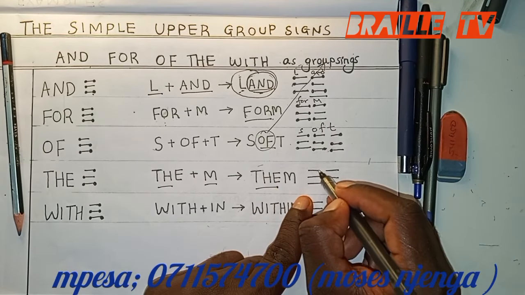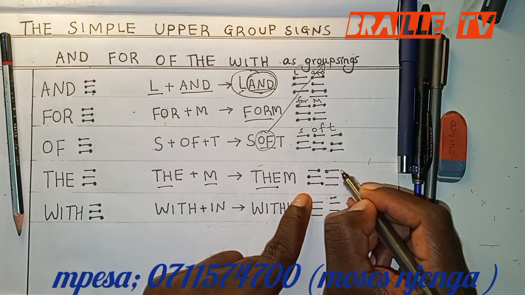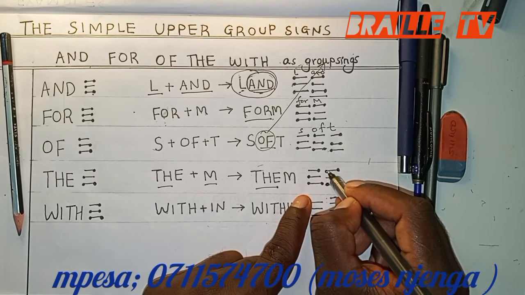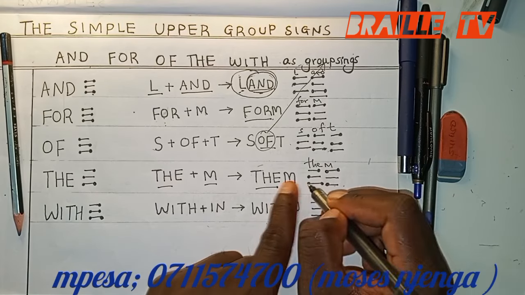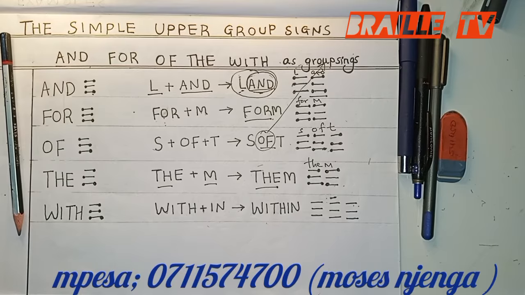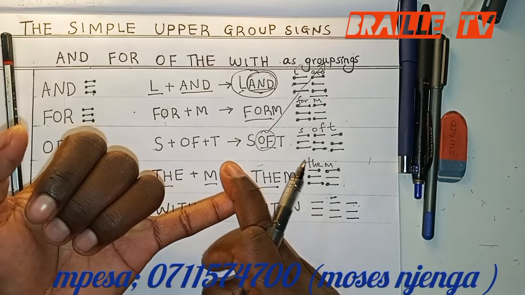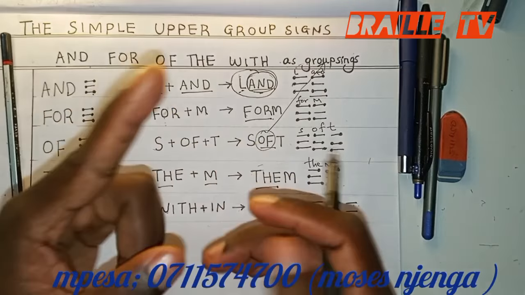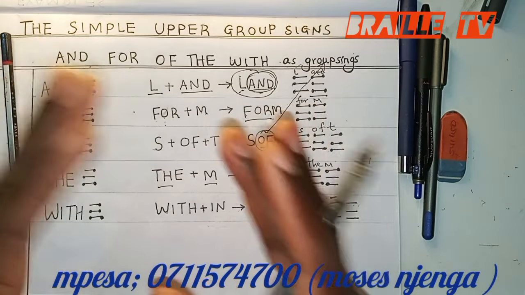So you contract there, I said there is written like that, and then you spell out M as simple as that. So that is them. So we can see that these words can be used as both word signs and group signs. And we said a word sign is where one sign represents a whole word, a whole word.